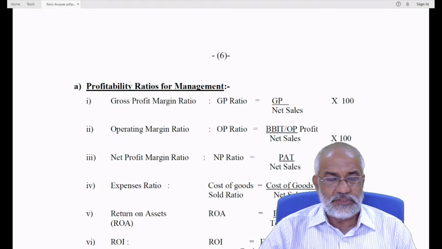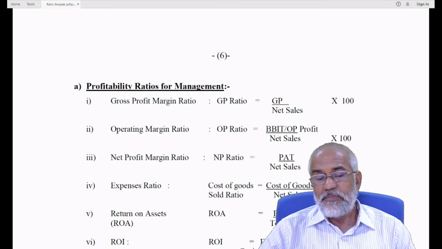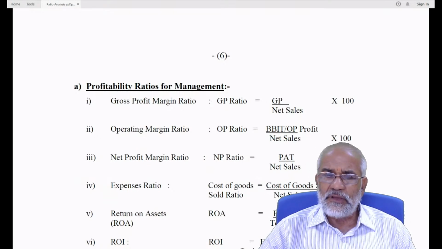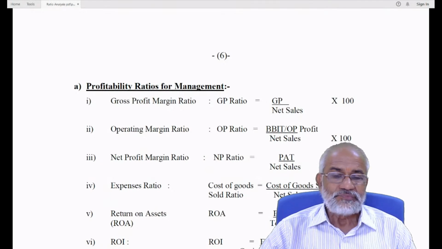Cost of goods sold means opening stock plus purchases plus direct expenses minus closing stock. That would be the cost of goods sold. There is another way of determining the cost of goods sold: sales minus gross profit. Sales minus gross profit is also the cost of goods sold.